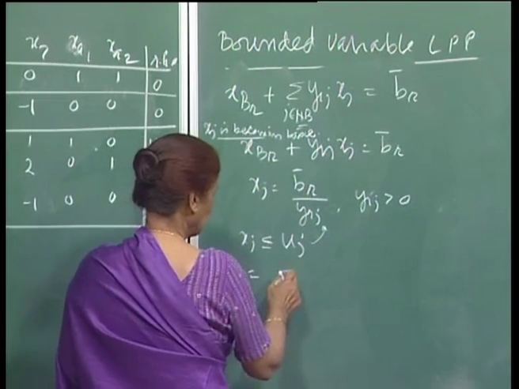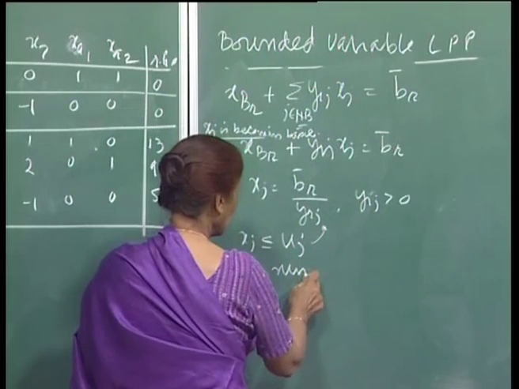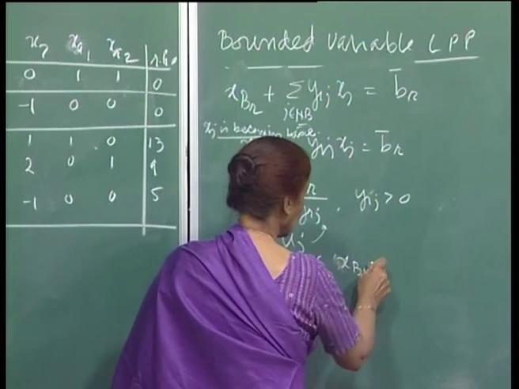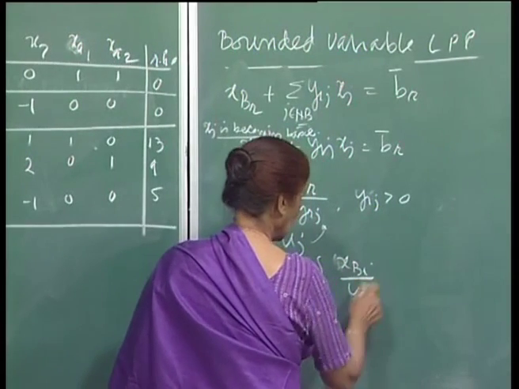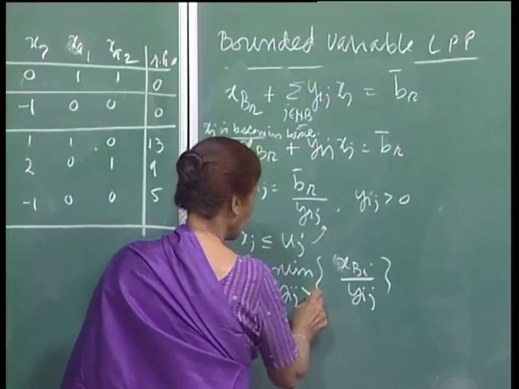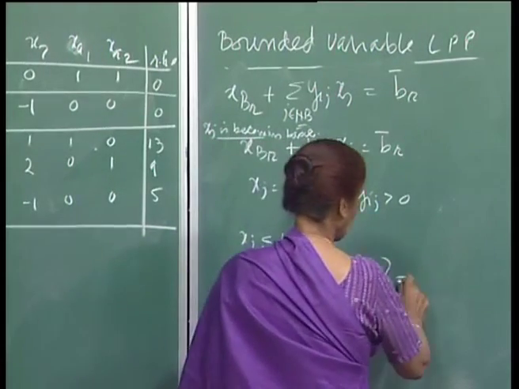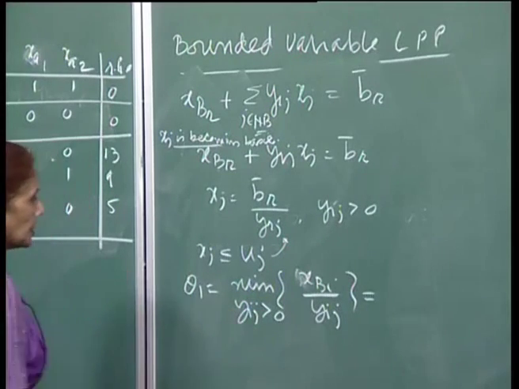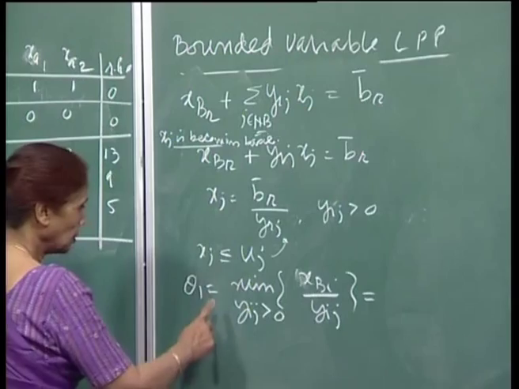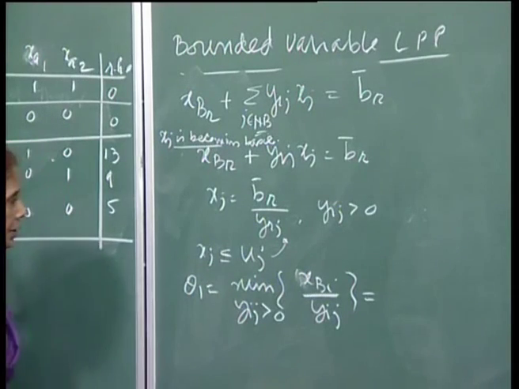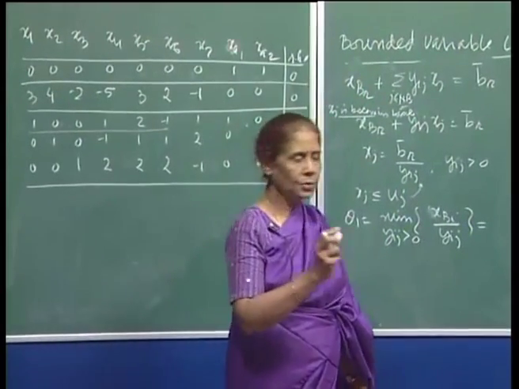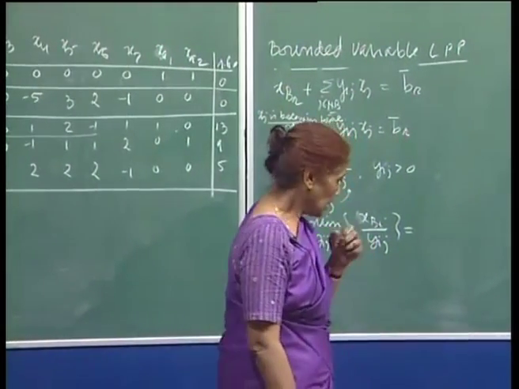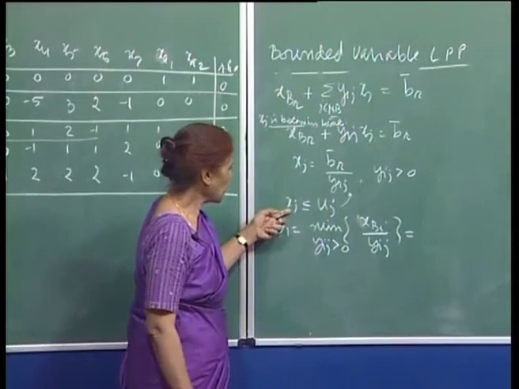Theta 1 is the minimum of xbi upon yij, where yij was greater than 0. In this particular case the ratio was minimum for i equal to r. So, this is theta 1, but we also have to take care that this theta 1 should not exceed uj. So, we will have to choose either theta 1 or uj, but there is another constraint coming on at what level xj can enter the basis.